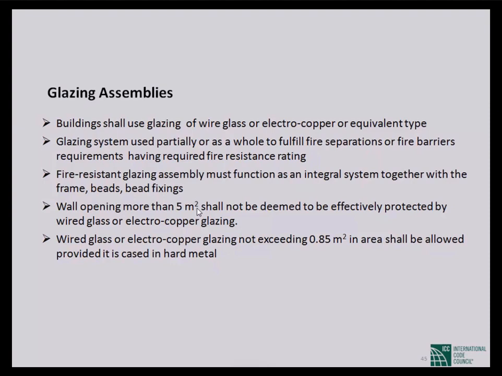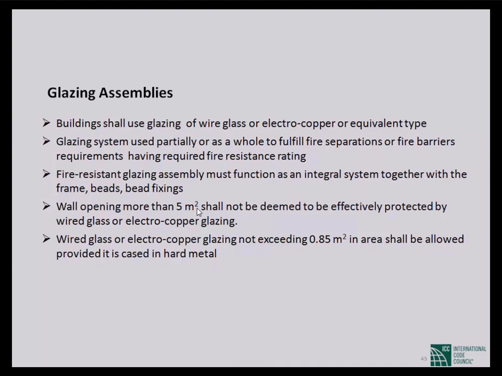If you like to make protective glass windows, you have to select a particular type of glass for different fire ratings. If you do not need to protect, for unprotected glass windows, you can use any type of glass. So you have to remember two things: whether you are making protected windows or doors or unprotected.